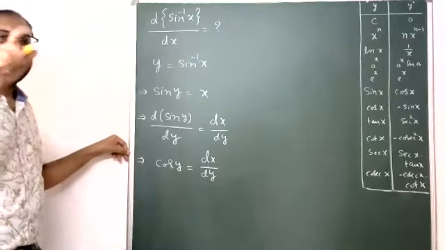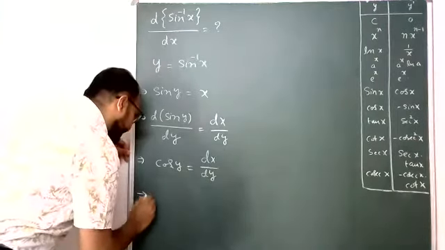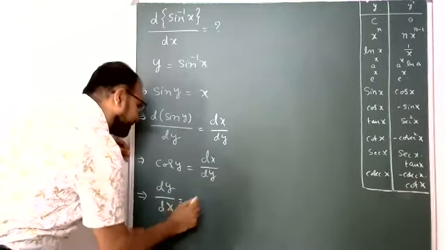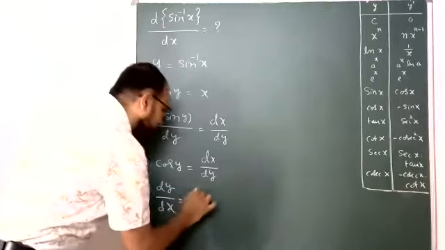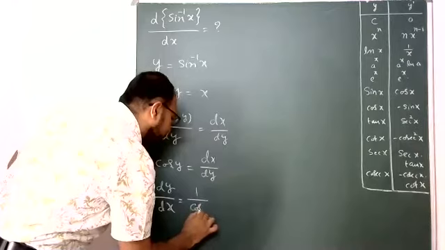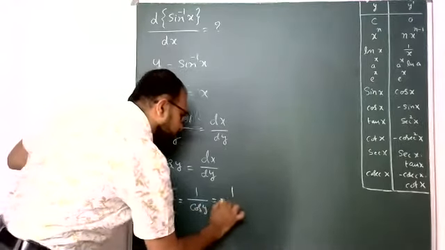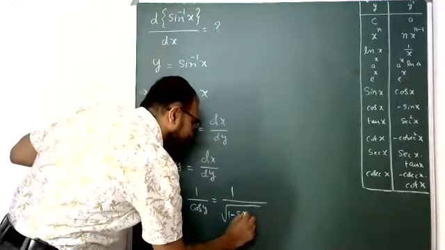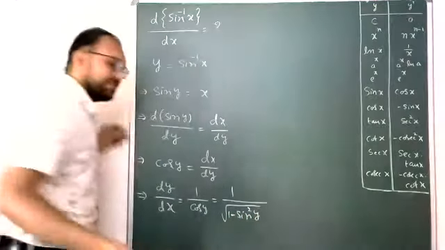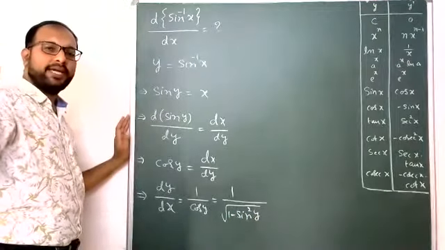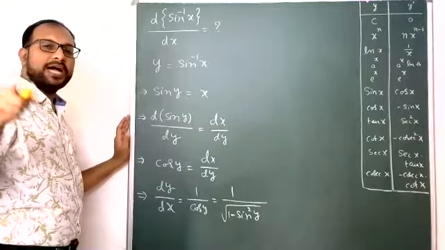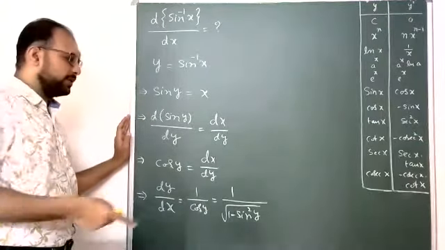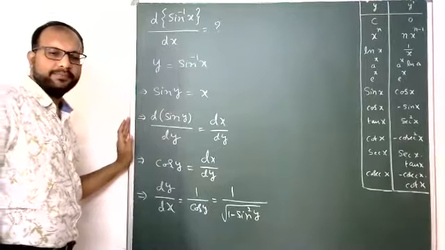But we need dy by dx. So in the next step, dy by dx is 1 divided by cos y. Students, cos y we can write in terms of 1 minus sin square y, because sin square y plus cos square y equals 1. Therefore, cos square y equals 1 minus sin square y, so cos y equals under root 1 minus sin square y.